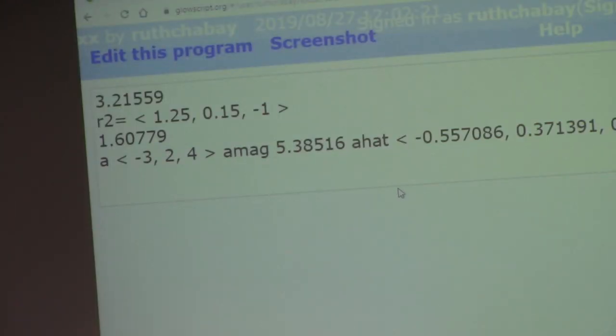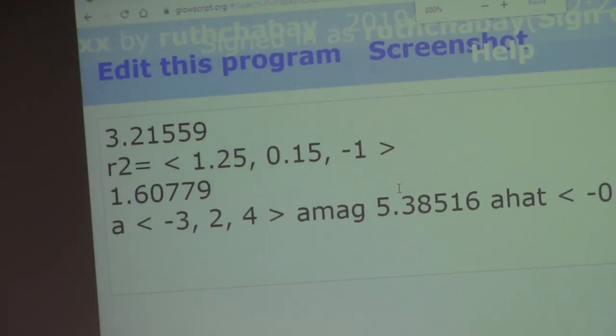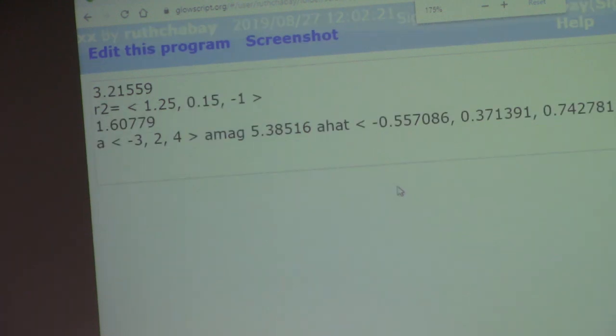So you can see that I'm lazy and don't like to use a calculator.